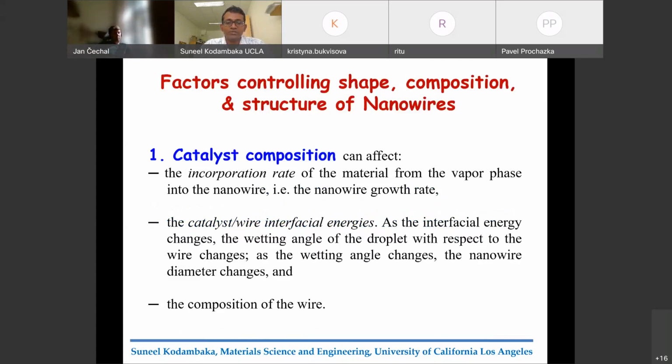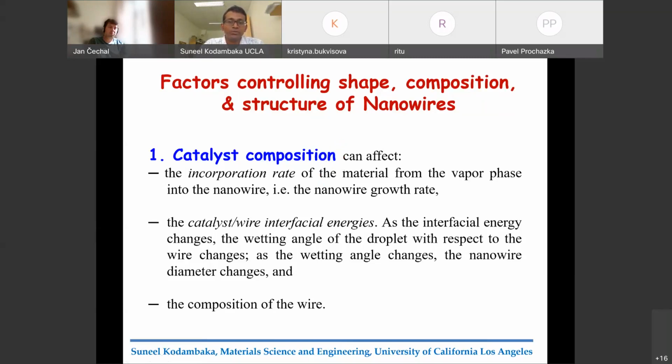And here I'm going to summarize some information more than what I have presented in my talk so far. I did not talk about the catalyst composition per se, but we have done experiments where we changed from pure gold as the metal to gold aluminum, and that can change how the nanowire grows.